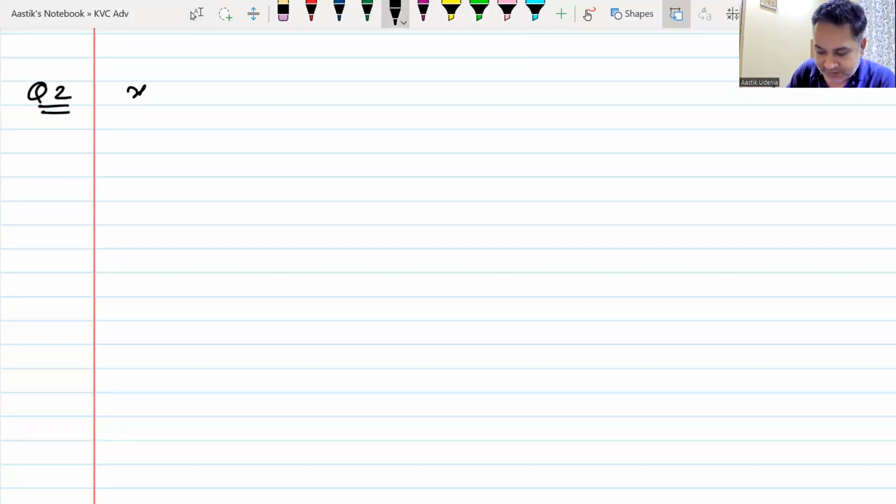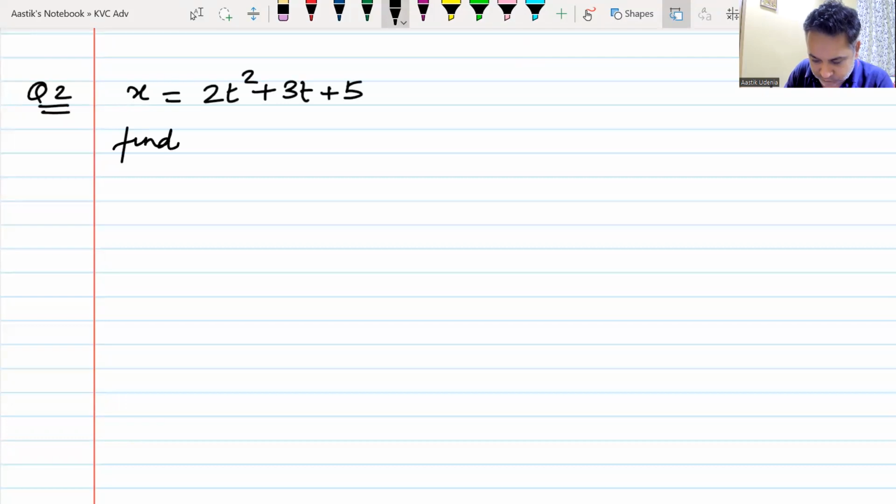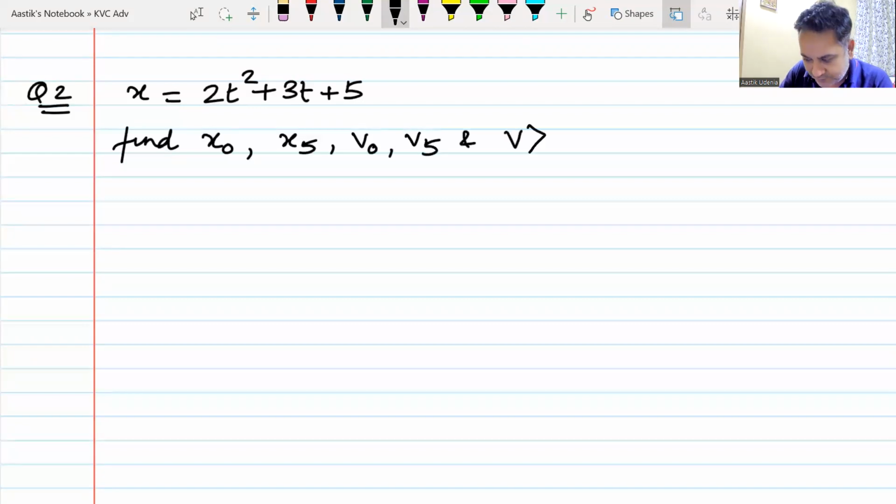The position of a particle is given by this formula: x = 2t² + 3t + 5. That is the position of the particle. Find x0, x5, v0, v5, and V average.